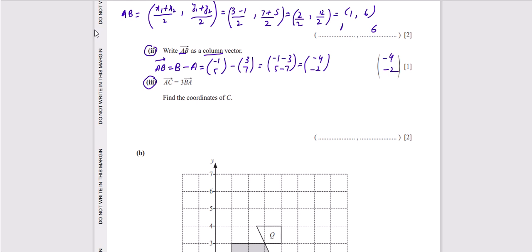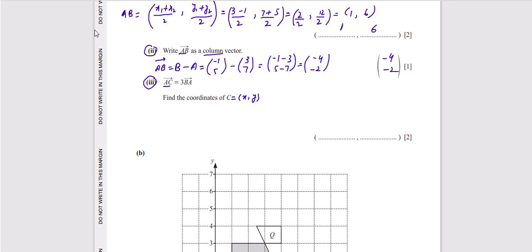Part 3. AC is equal to 3BA. Find the coordinate of C. Let us consider that C has coordinate x and y.